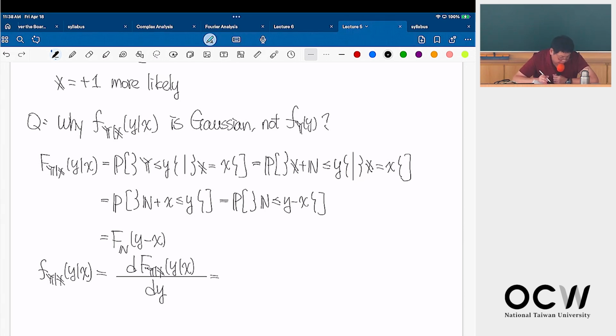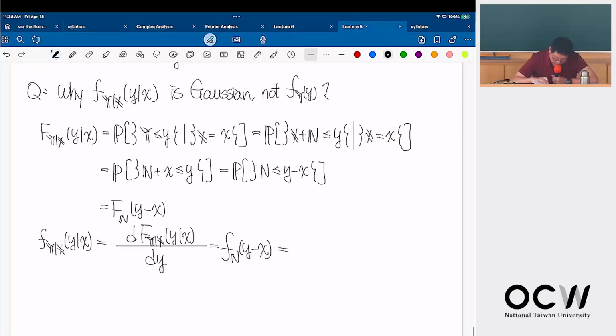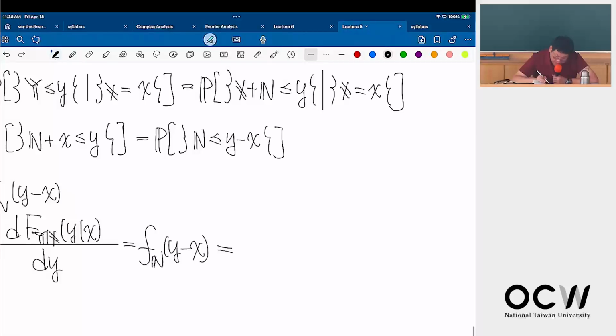Then we have the PDF of n at y minus x, which is the Gaussian: 1 over square root of 2 pi, exponential of minus (y minus x) squared over 2.